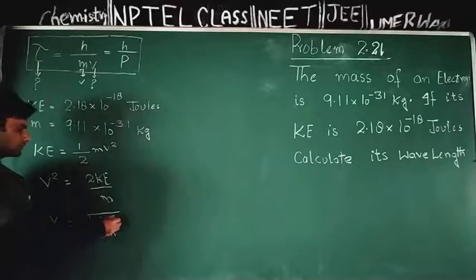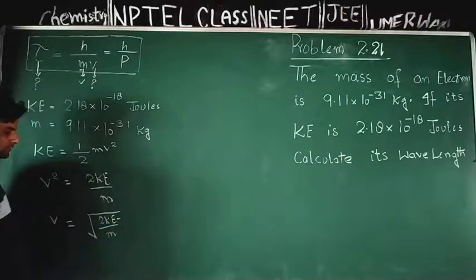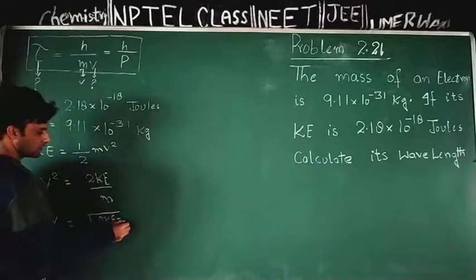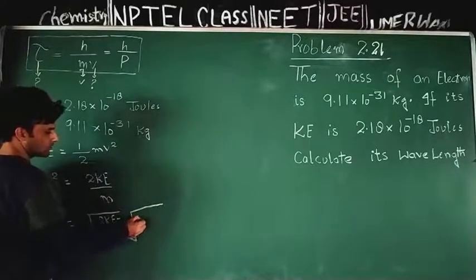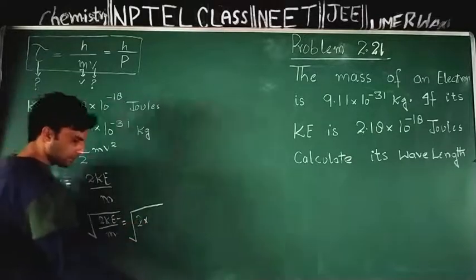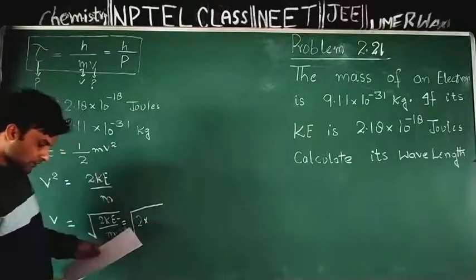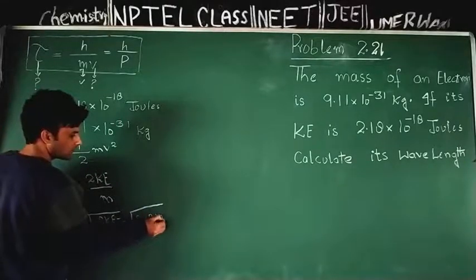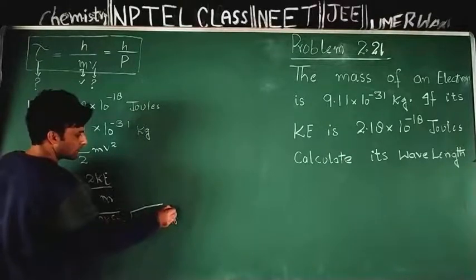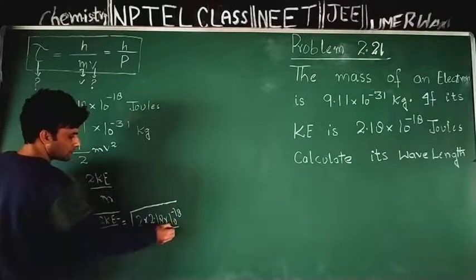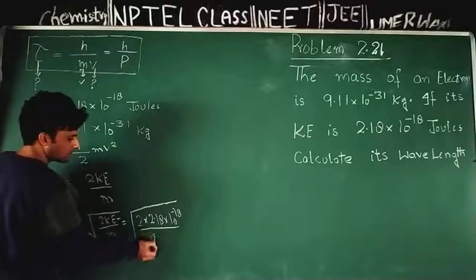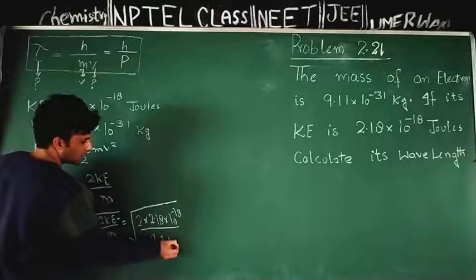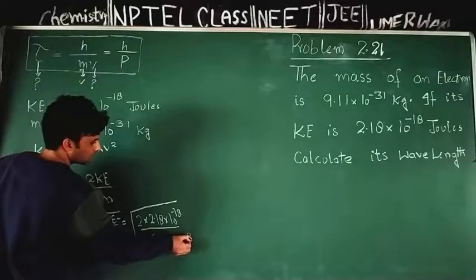Kinetic energy is given, mass of electron is given. I simply need to substitute values of kinetic energy and mass. So twice kinetic energy is 2 × 2.18 × 10^-18, and mass of electron is 9.11 × 10^-31.